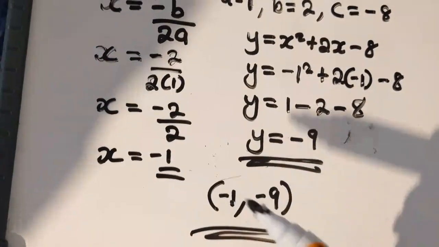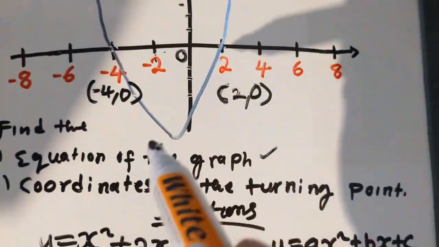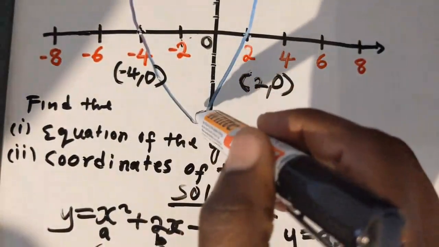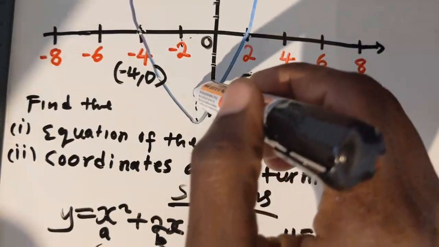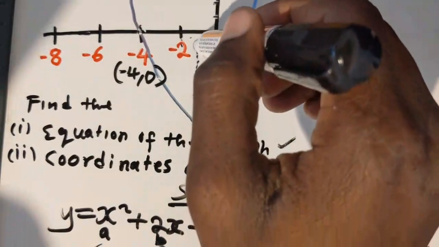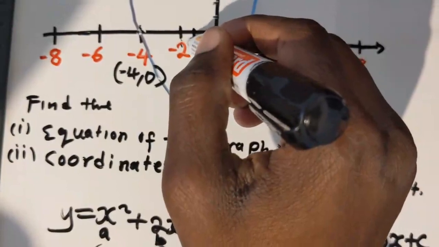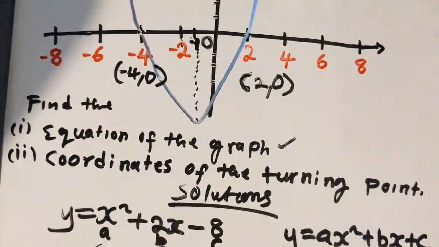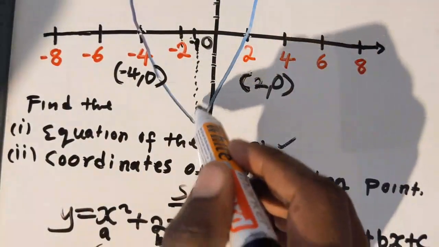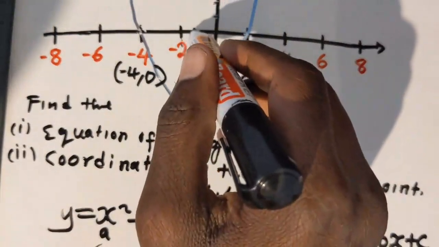So this is our graph. We want to see where the graph is turning from. If you go straight here, somewhere here, this is where negative 1 can be found. So this is just the turning point. It is turning from here. This is the x-coordinate.